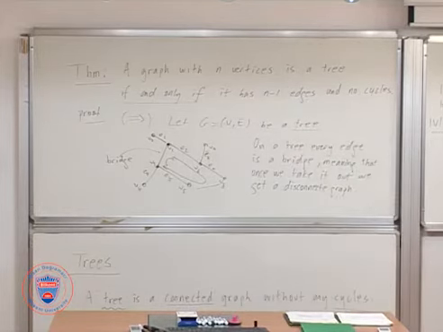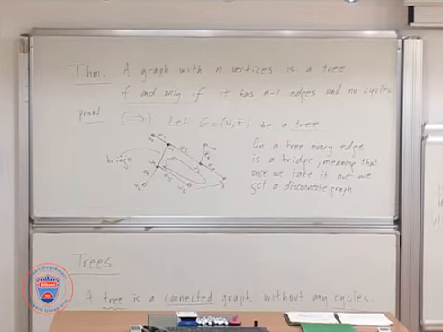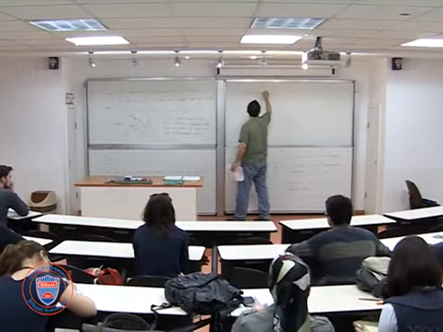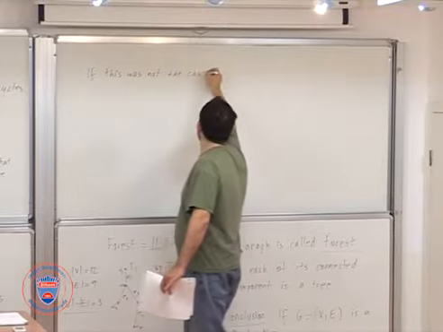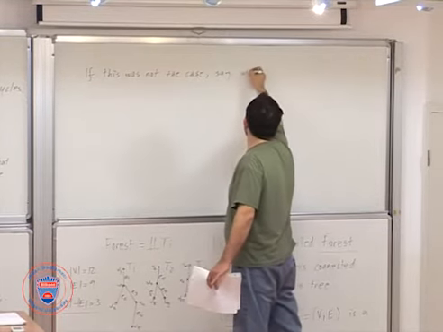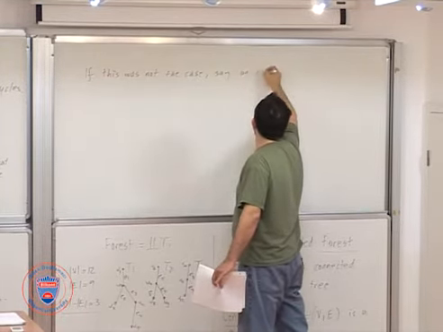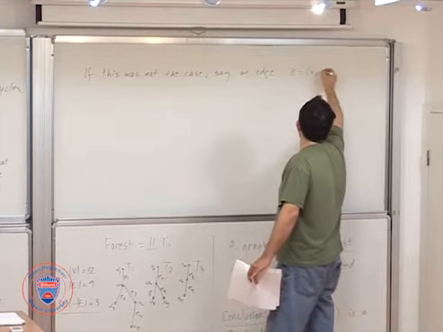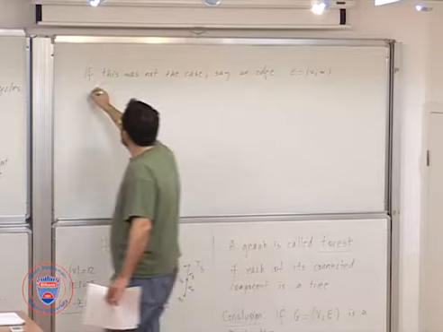The reason is that a tree has no cycles, okay? If this was not the case, say an edge E from V to W is not a bridge.